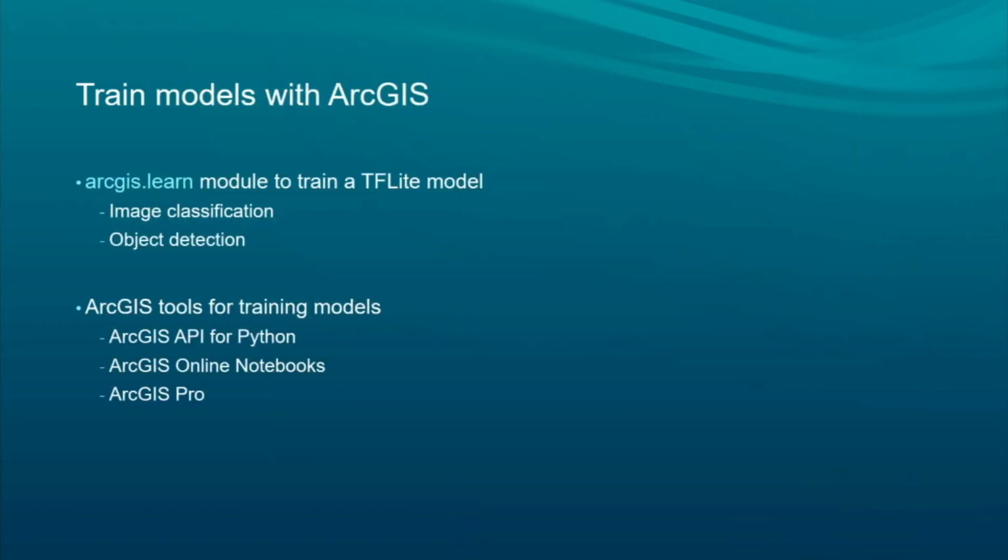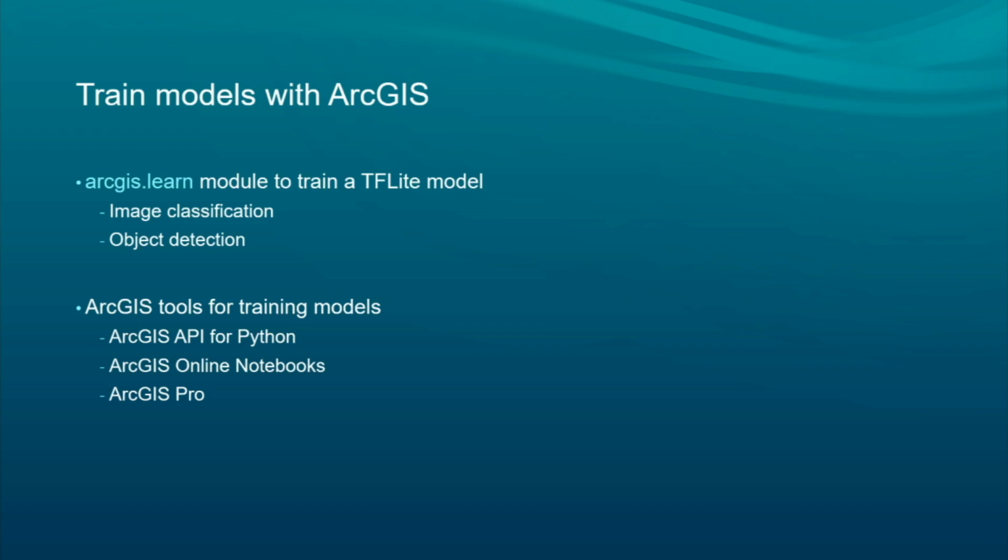So as I mentioned, today we're using the ArcGIS Learn module, which can be used to create both object detection models and image classification models. Today we'll be creating an object detection model, but as Jim mentioned, we also do have a tutorial for creating an image classification model, which I believe we have a link for at the end of the slides.